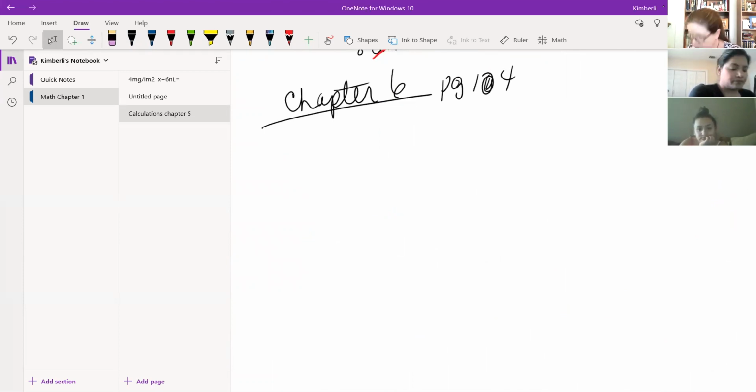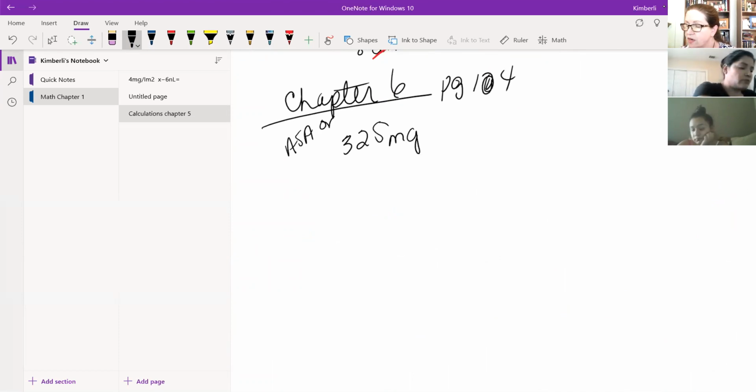What you're going to run into is 325 milligrams of aspirin or Tylenol. Aspirin is abbreviated ASA, which stands for acetyl salicylic acid. Tylenol is APAP, which stands for the chemical name of Tylenol, which is a long, huge name.